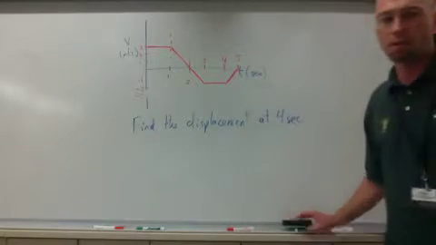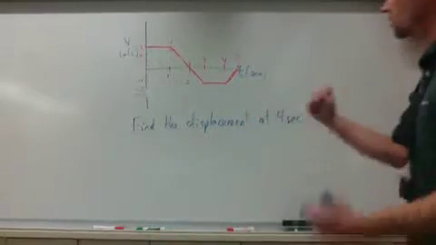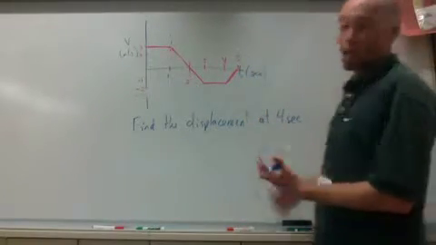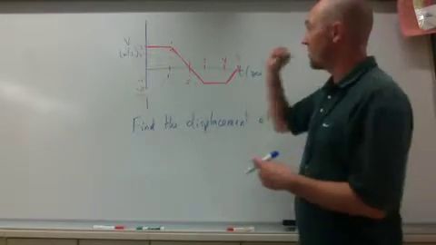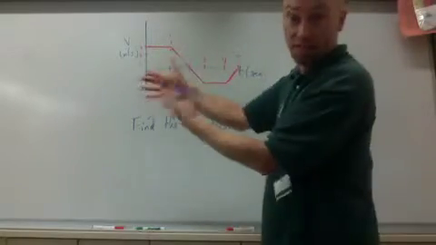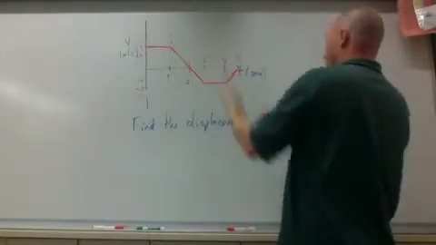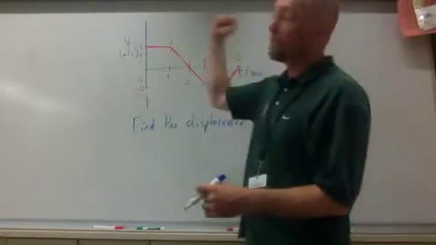Okay, find the displacement at 4 seconds. In this case, assuming we start from 0, at our origin. Well, then again, you got to look at the graph, the slope, the area. Well, the graph is v versus t. That's not going to tell me displacement directly. If this was a displacement versus time graph, I could just look at 4 seconds and say, oh, that's my displacement. Easy. But in this case, it's a v versus t.